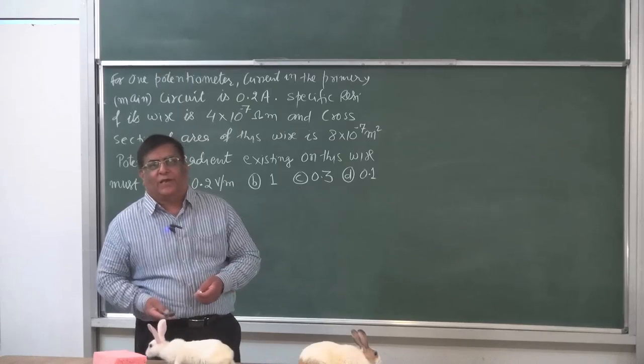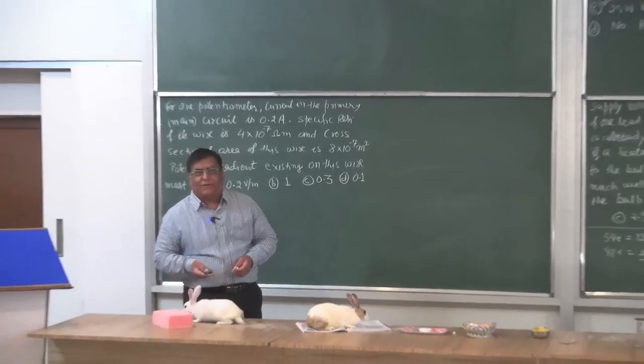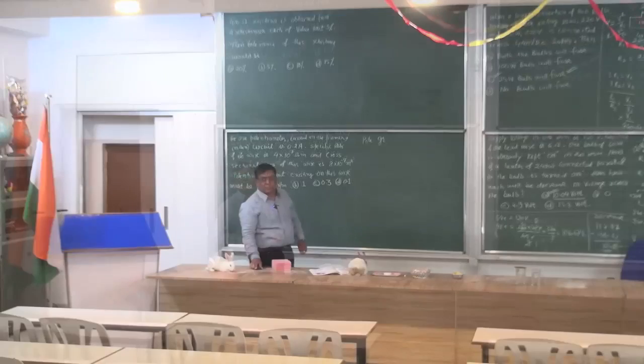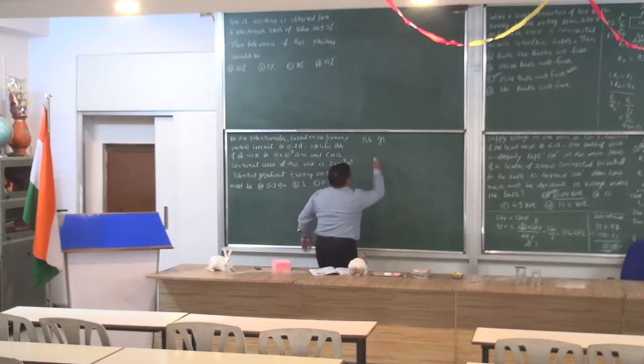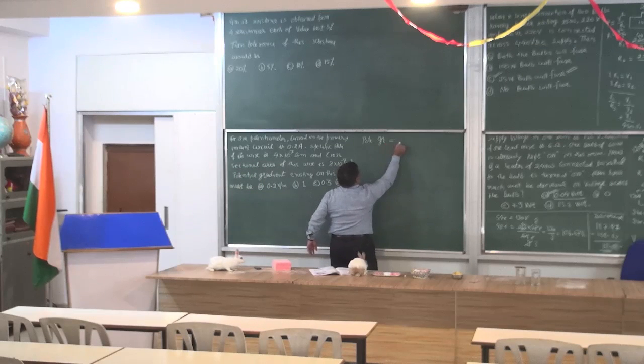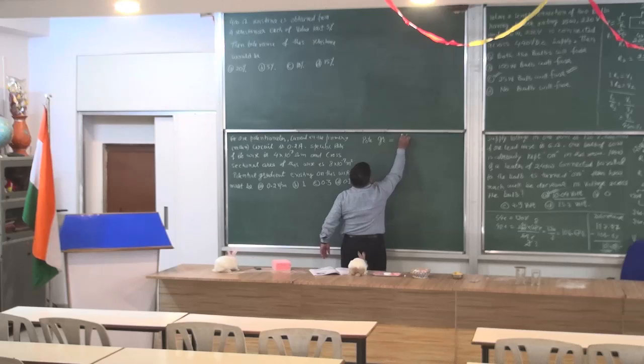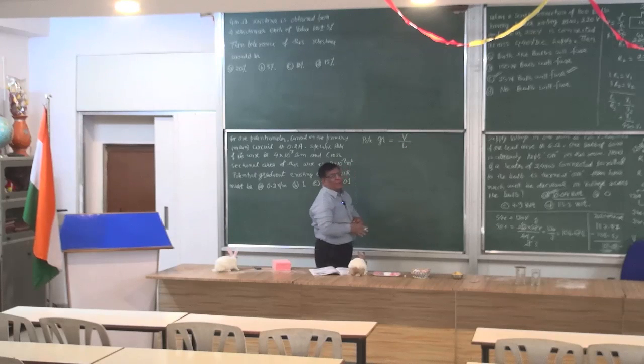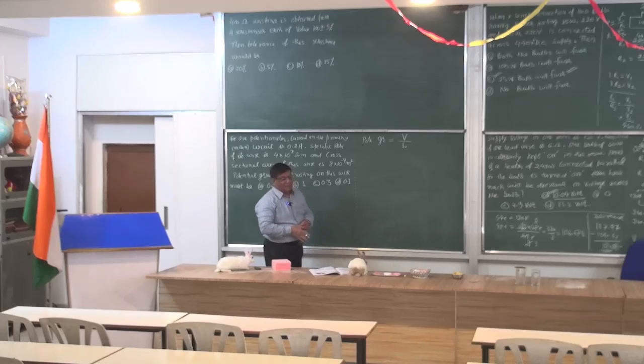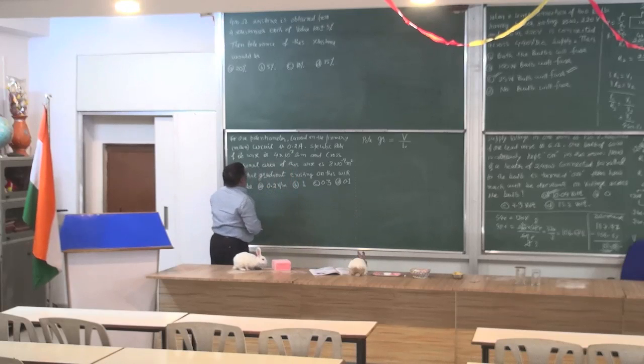Just remember, potential gradient for a potentiometer is potential drop divided by total length. Potential drop per unit length is potential gradient. Okay, now we have to find out these quantities from here.